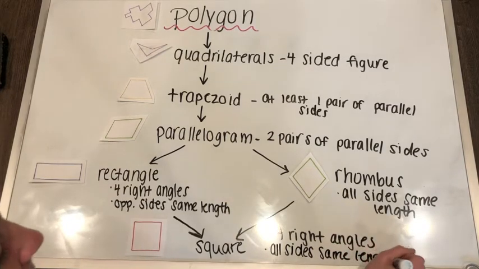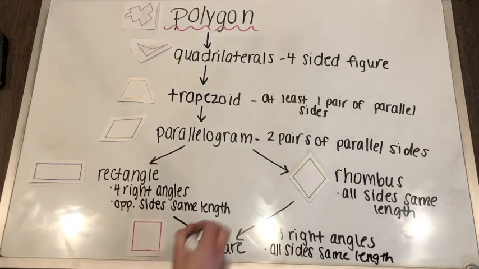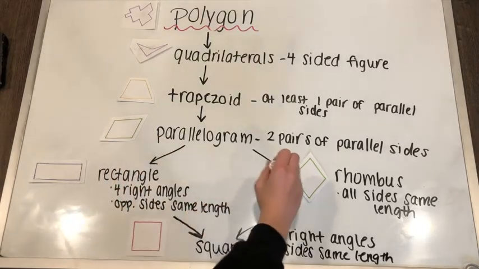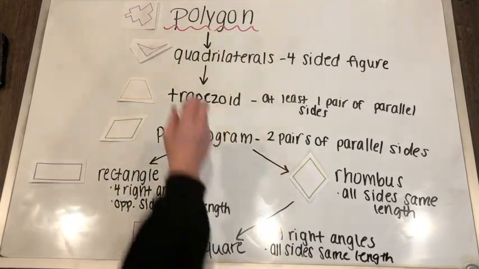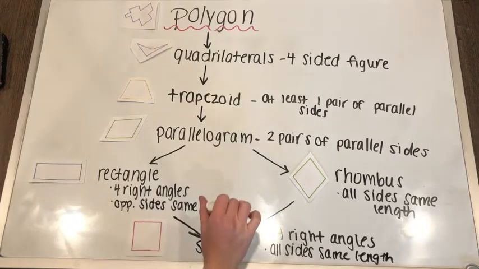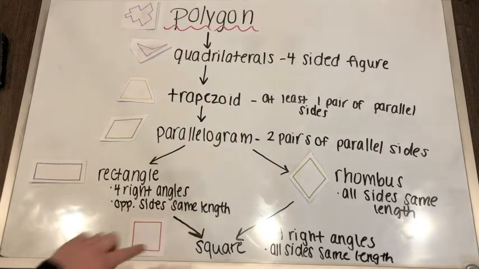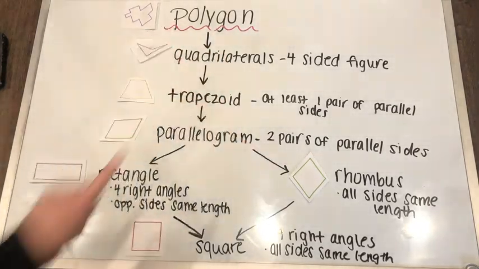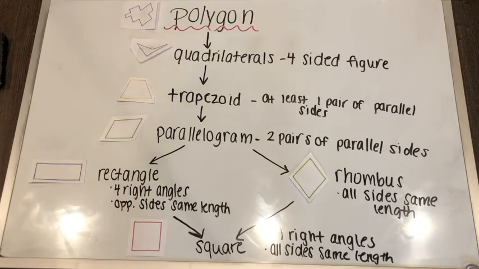So our square is also a rectangle, a rhombus, a parallelogram, a trapezoid, a quadrilateral, and a polygon because it shares all of these traits that are above it. So this is our quadrilateral diagram.